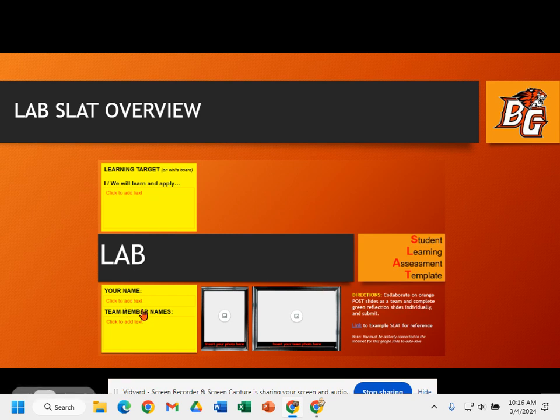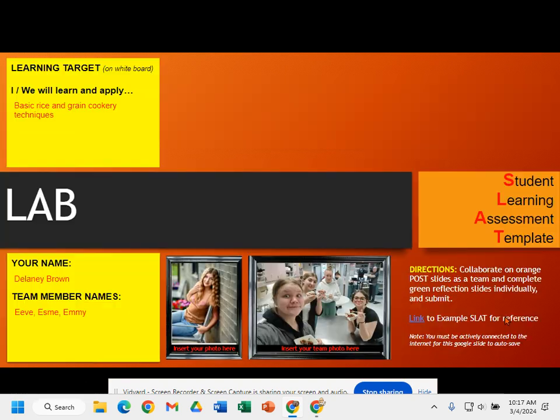Then over here, your name types in, your team member names. You can just do first name is fine. And then an individual picture of you and an individual picture of your team collectively in the picture together. It's a great way for me to learn names and faces quicker here at the beginning of the semester. By the time we're in lab 2 or 3, my hope is to have all names learned, and this is a great tool for me, so I appreciate you completing that.